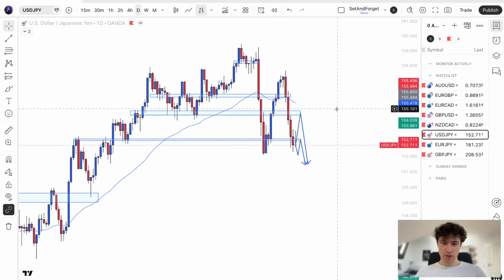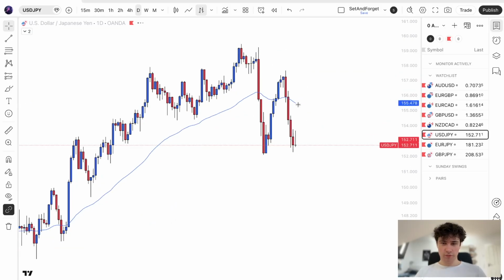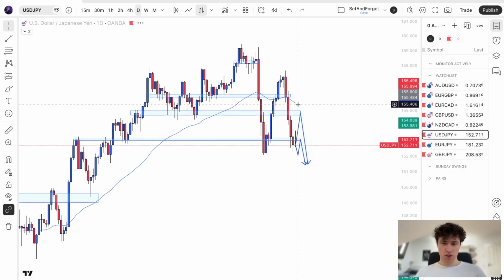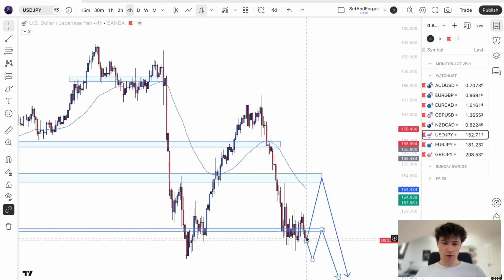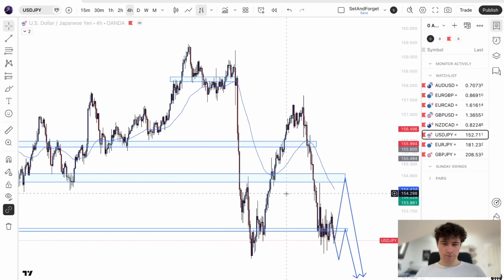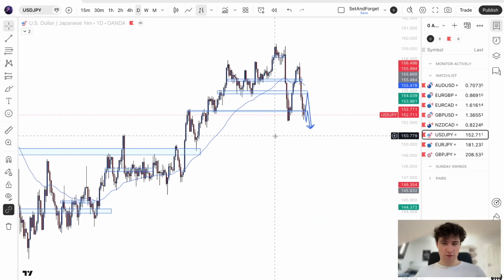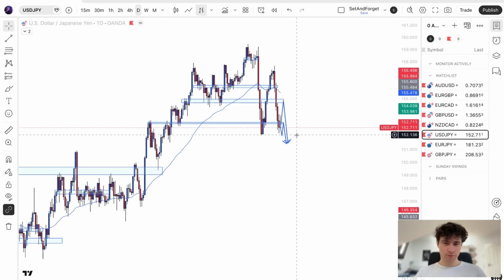And then we have three JPY pairs. They are all pretty much the same. Whatever looks cleanest in the moment. I want to pull back to this level or to this level and then have the move to the downside. Looks pretty good. We have, this is a strong area of interest.